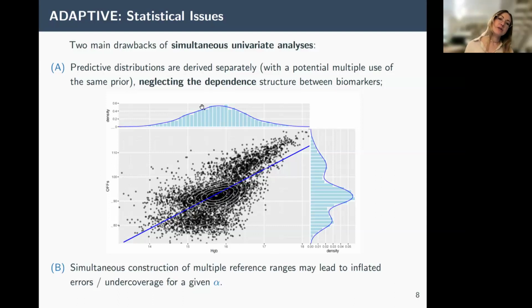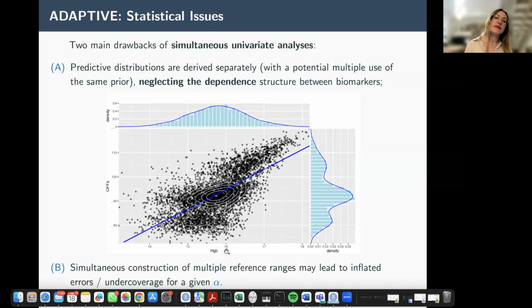And I have decided to display this plot here, which basically represents, say, the expected distribution of hemoglobin and the off score. So as you can see in this plot, the two have a relationship. The two are highly correlated, and this relationship is not even symmetric, for example, as the one that you would expect in a multivariate normal distribution, and it also has some tail dependency.